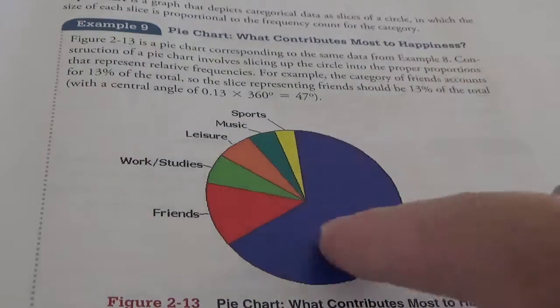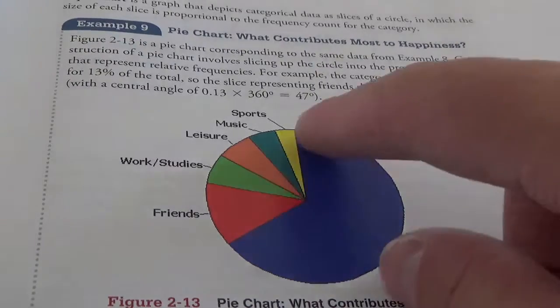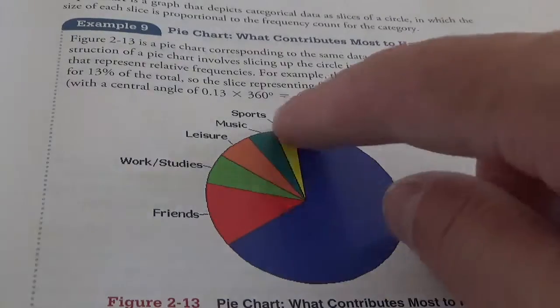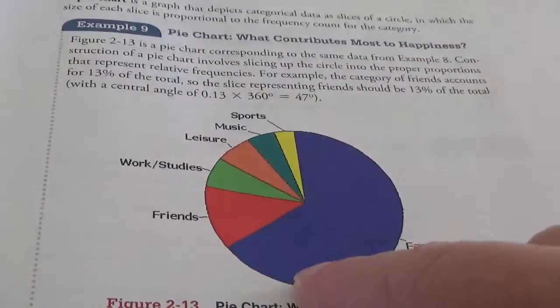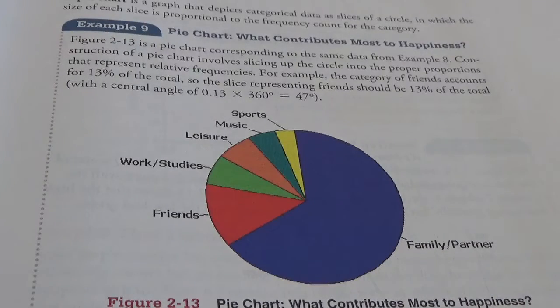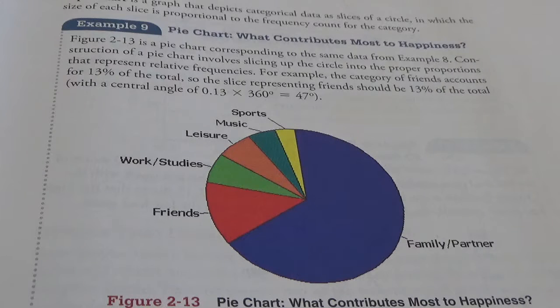You can see family slash partner, that's a large majority. That was above 60%, so definitely more than 50% of that circle would be here. 60% looks pretty good to me. So pie charts are another way of displaying information, although they are not the most effective way of demonstrating values, because they don't really have an appropriate scale.